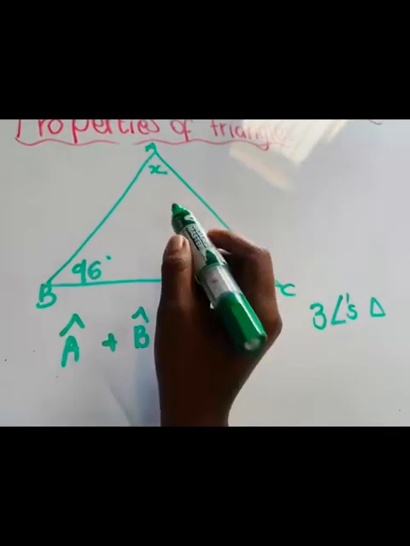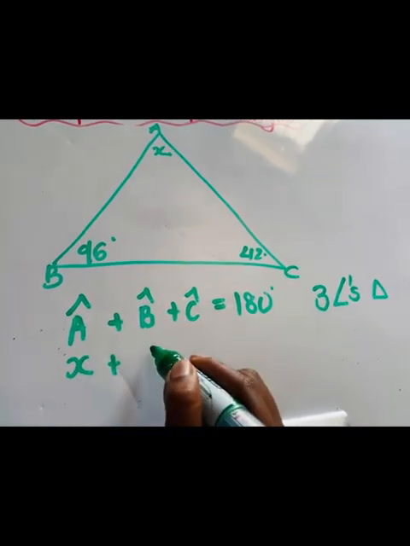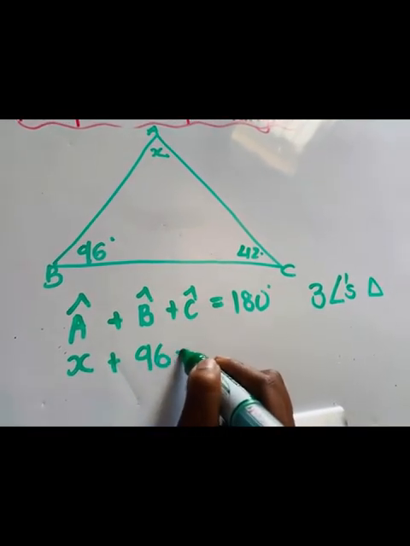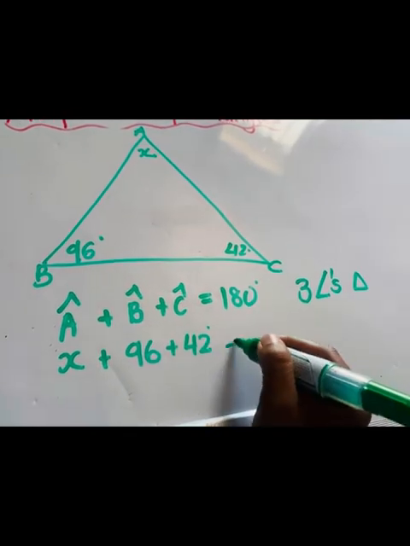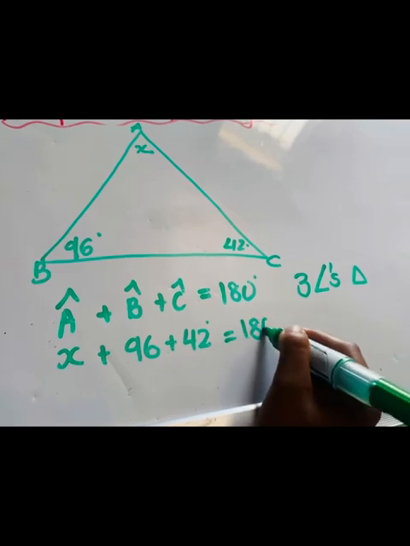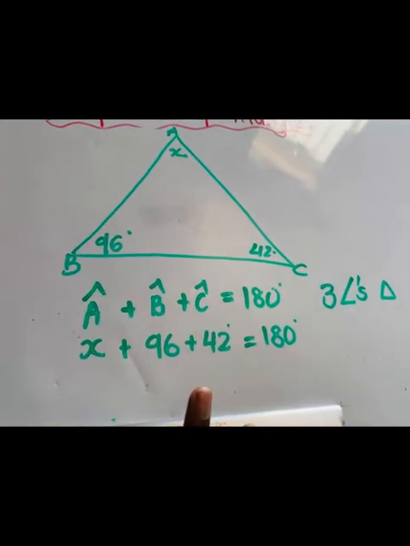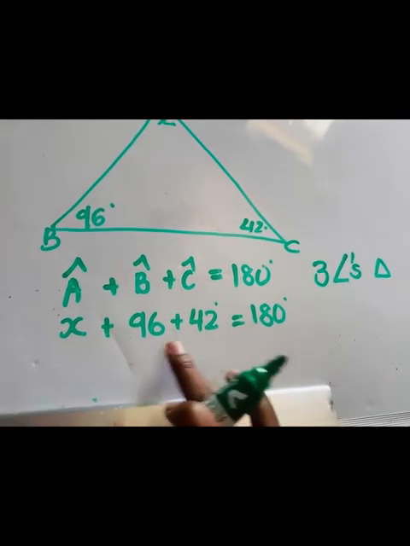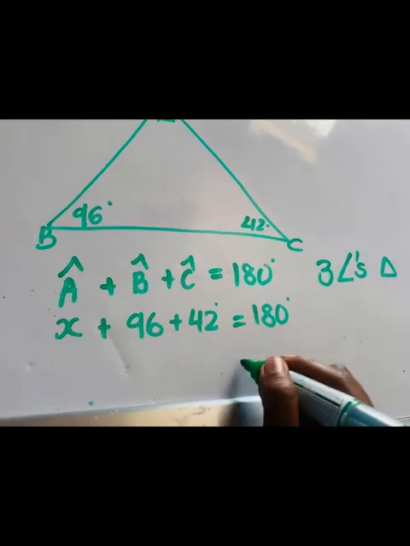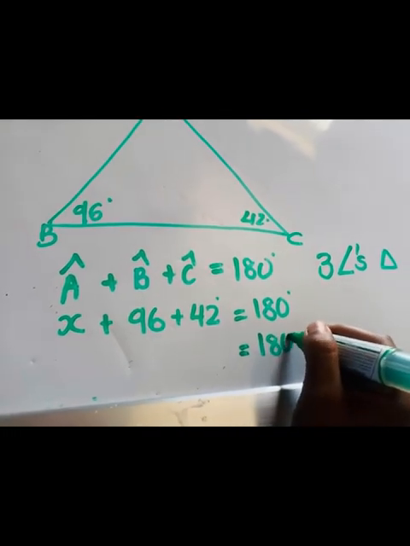Right, so angle A is X, we do not know what that is. Angle B is 96, angle C is 42 degrees, equal to 180 degrees. Now we have to solve for the value of X. So we can transpose all these numbers to the side, or you can add them then transpose when you're done. So I'm choosing to transpose. So I have 180 degrees.